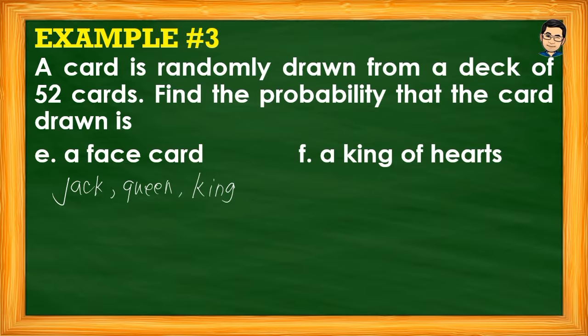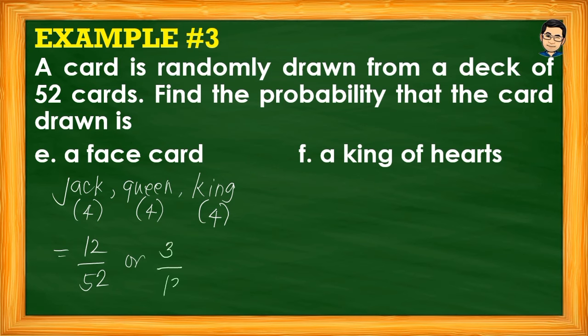So, kada cards na yan, meron po tayong 4 na suit, syempre. So, kung i-add natin yan, that is 12 over 52. And then, yung GCF ng 12 and 52 is 4. So, 12 divided by 4 is 3. 52 divided by 4, that is 13. So, we have 3 over 13.